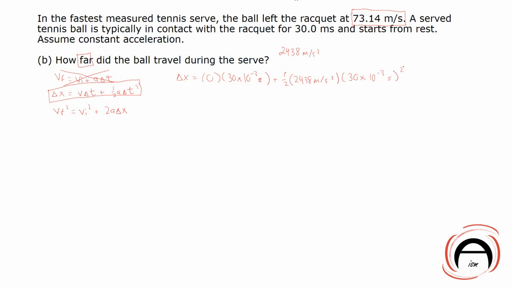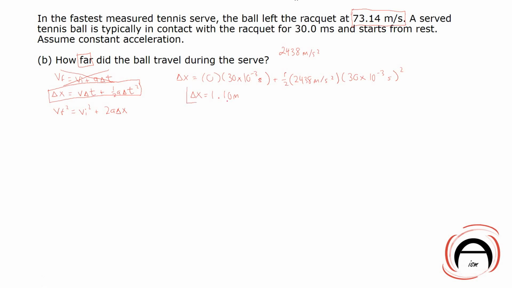Don't forget this squared right here. That's part of the equation too. If you plug that into your calculator, you're going to have your delta x equal to 1.10 meters.